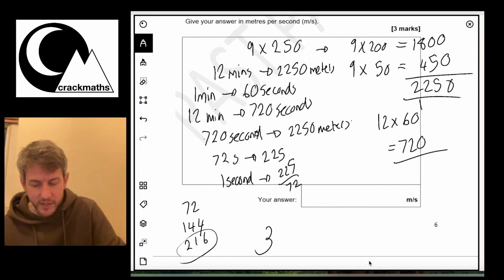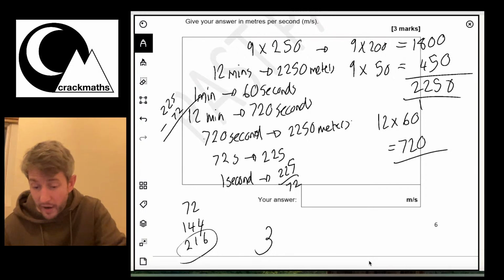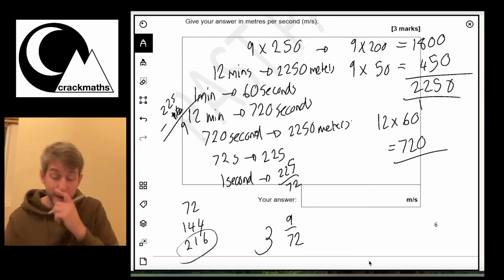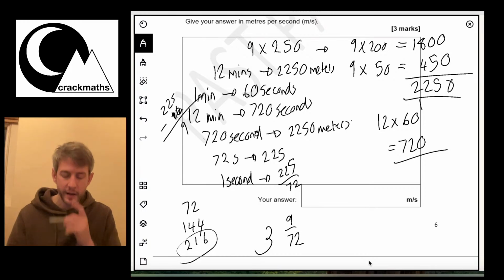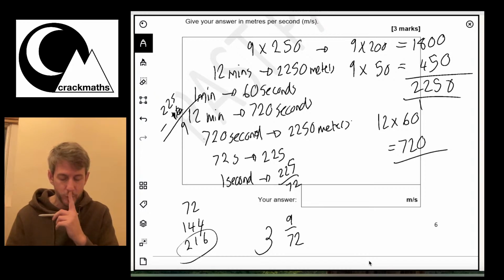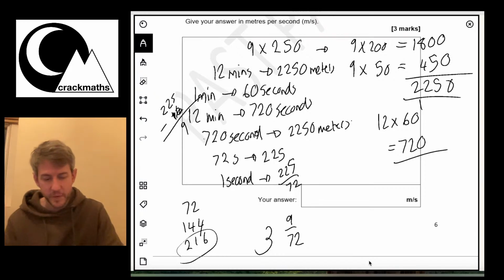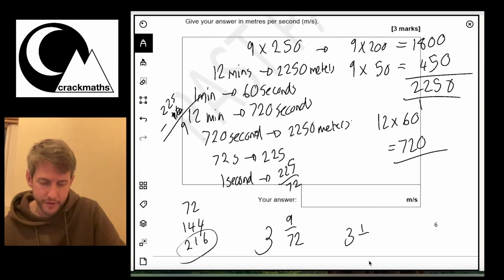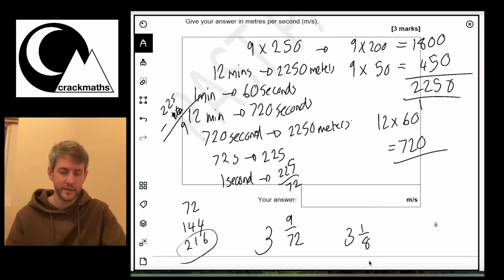So this is going to be 3 whole, because we've got 3 whole lots of 72 in here, and then 225 minus 216 leaves us with 9. So this is going to be 3 and 9 over 72. Now, 9 and 72 are both divisible by 9, and that gives an eighth. So this is 3 and an eighth metres per second.